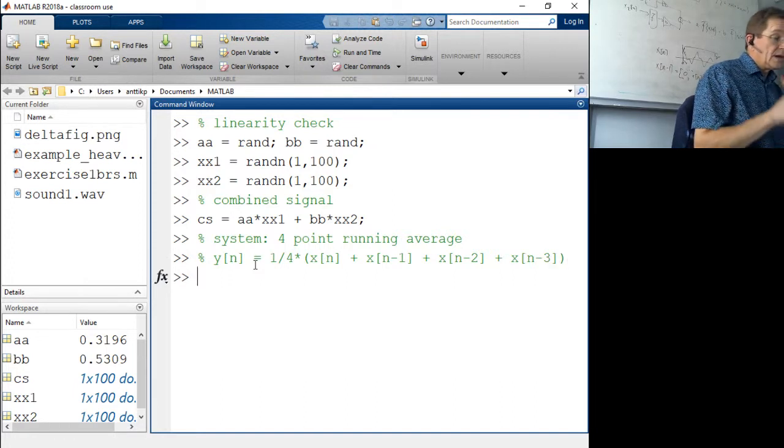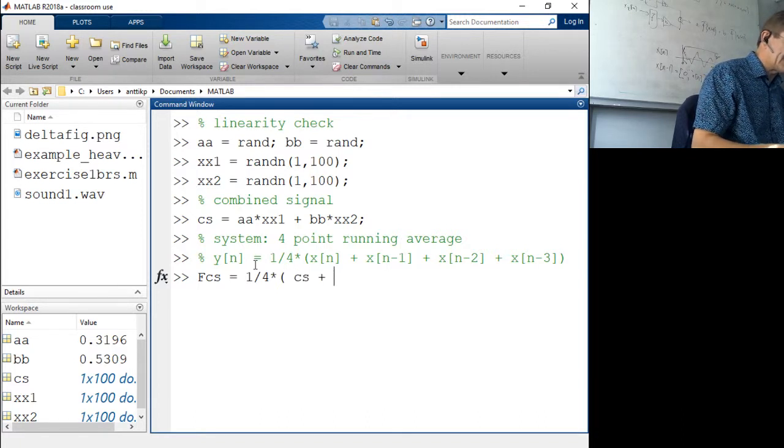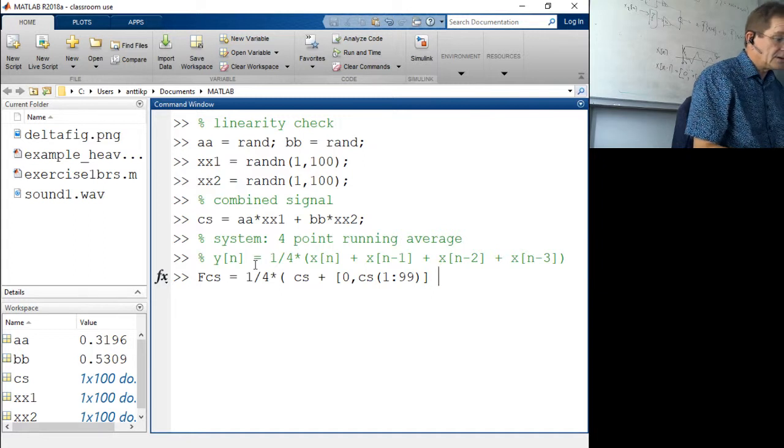Okay, better. And now the output for this input would be FCS, simply 1 over 4 times CS plus, now the time shift to later time. We leave one element out of the CS. That's the time shift to later time.